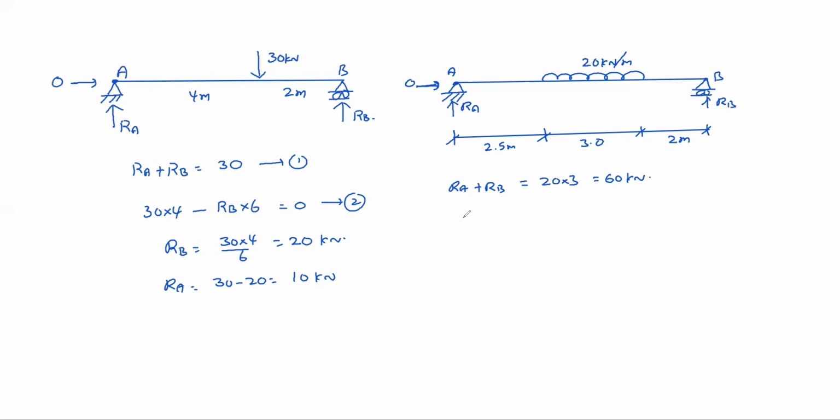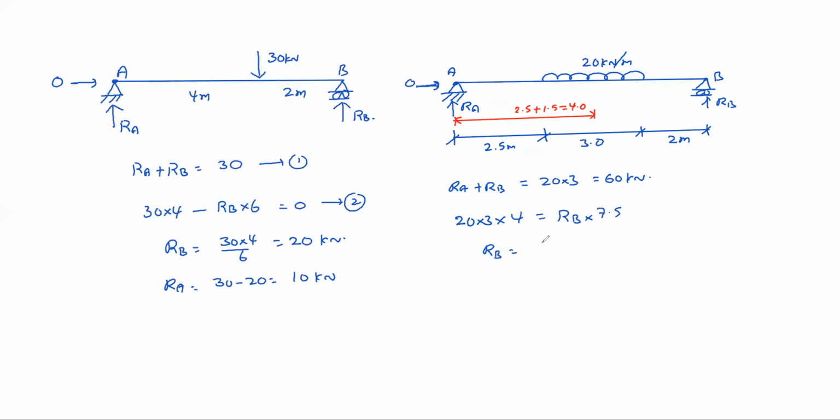And taking moments about A, 20 into 3 is the load. Its centroidal distance, you can see, is up to the center of that UDL, that is 2.5 plus 1.5, that equal to 4 meters. So 20 into 3 into 4 clockwise couple must be equal to RB into 3 plus 2.5 plus 2, that is 7.5.